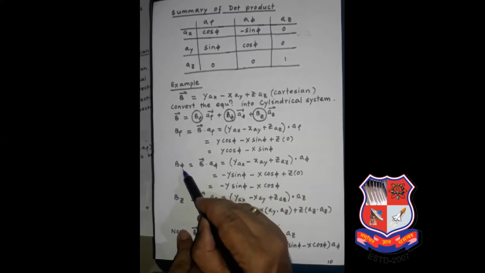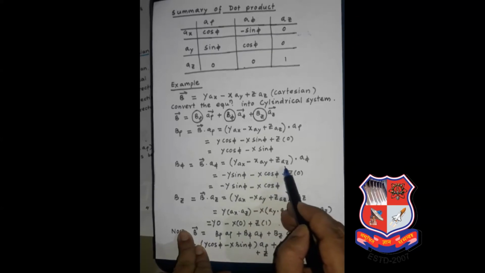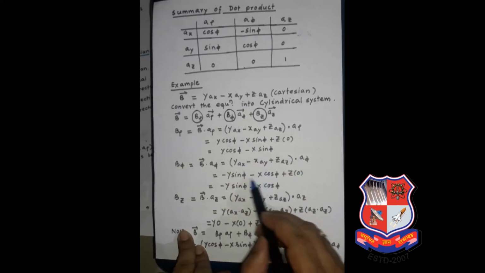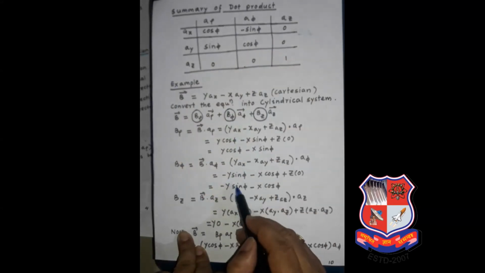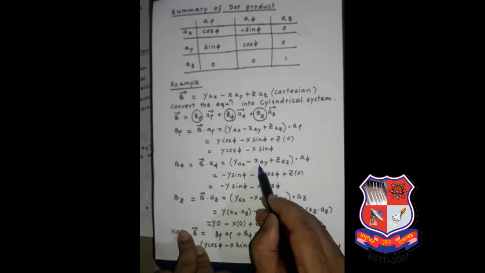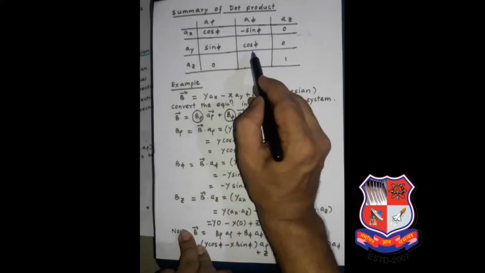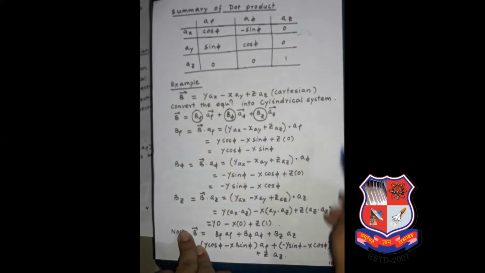Now to find b phi, b dot a phi. Again I have written the expression b dot a phi. By using the table, y ax dot a phi is minus sin phi, then minus x as it is, ay dot a phi is cos phi, and az dot a phi is 0.